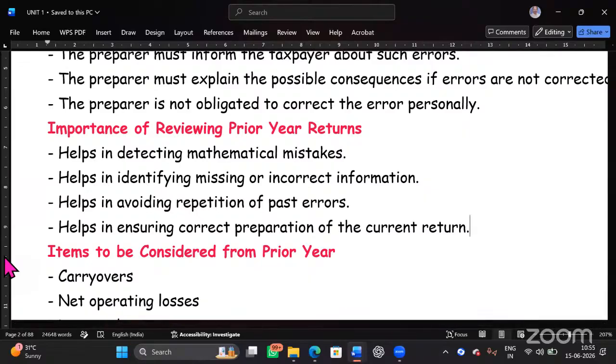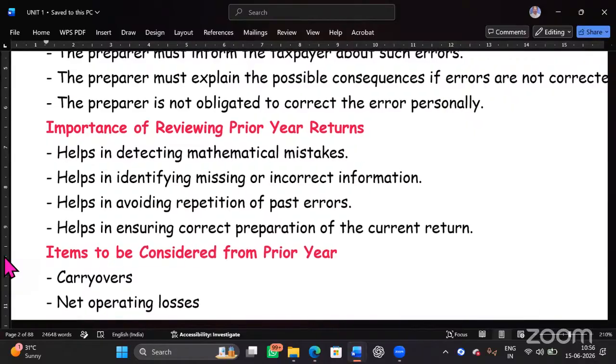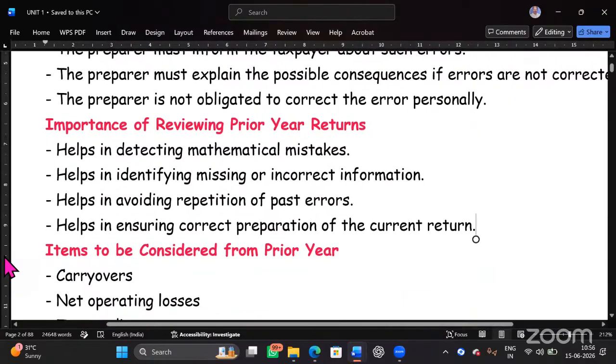What is the use of verifying the last year returns while filing the current year returns? If any mathematical error occurred in the last year, it can be identified in the current year. So, detecting mathematical mistakes. Second one, identifying the missing or incorrect information.